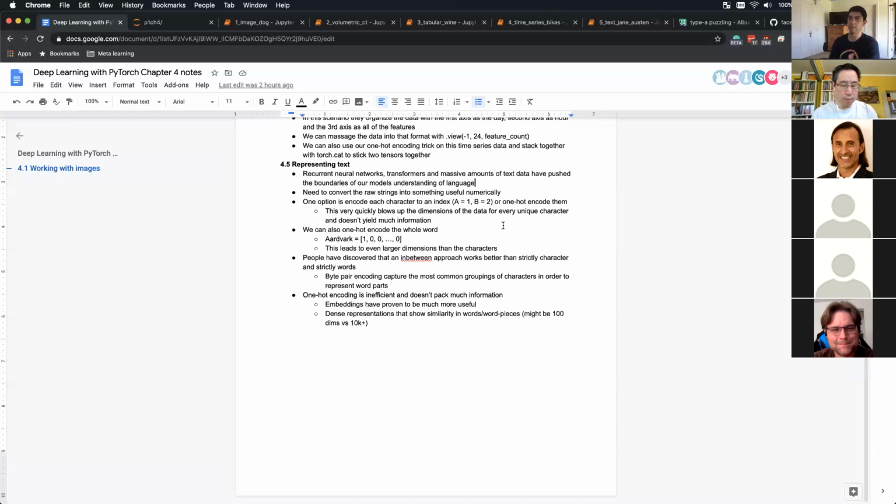So instead of implying that ordinal relationship, you can just one-hot encode them, but then you blow up your data size by the number of unique characters that you have. If you have alphanumeric, then it's A through Z and then 0 through 9.